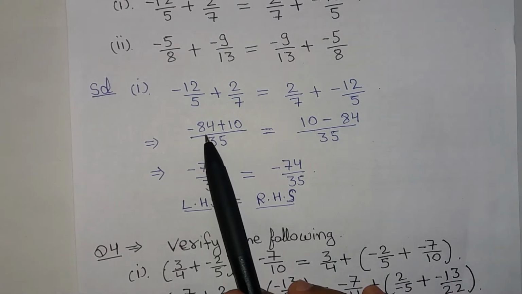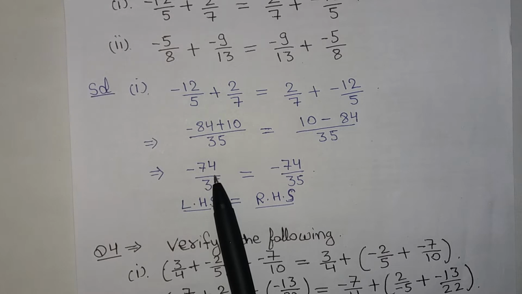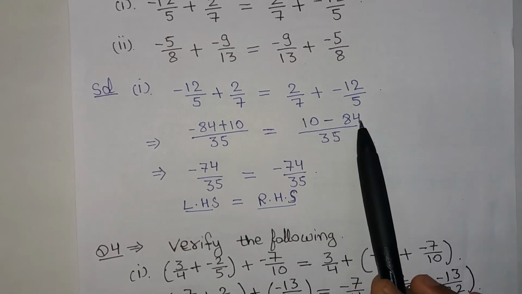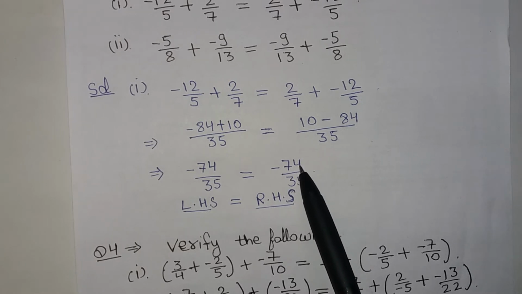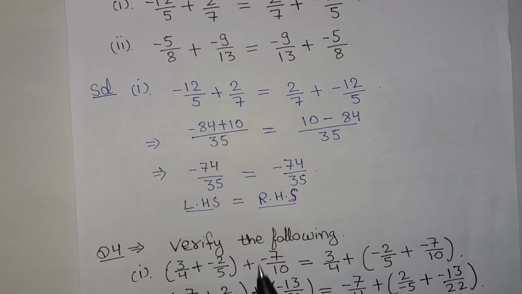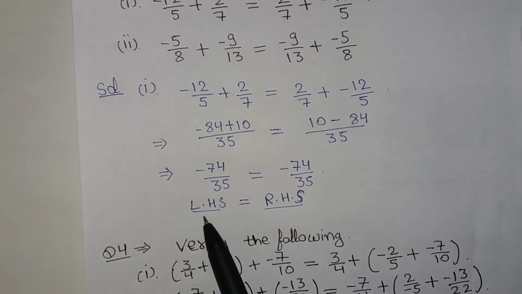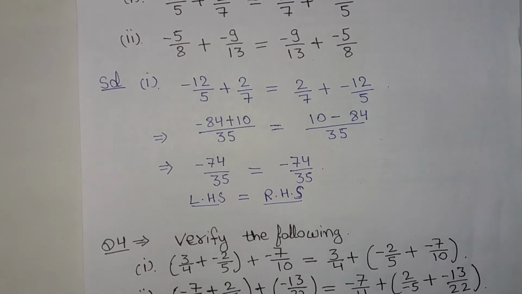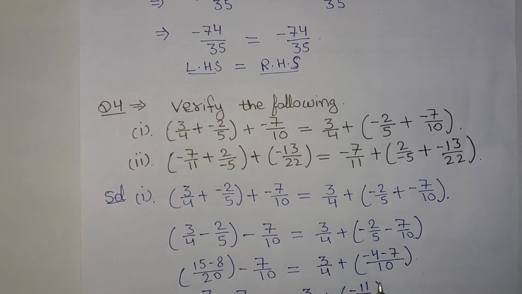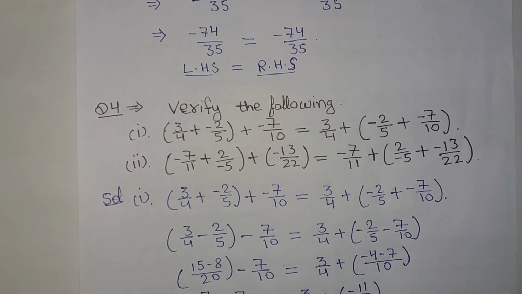So here minus 84 plus 10 will be minus 74 upon 35, equal to 10 minus 84, which is minus 74 upon 35. So these two parts are equal. So here we can say that the left hand side is equal to the right hand side. In this second part you can try yourself. Now see the next question, that is question number 4.